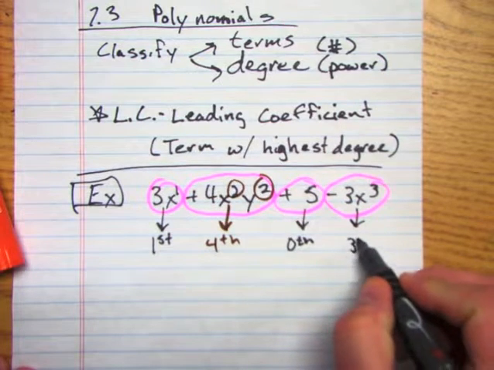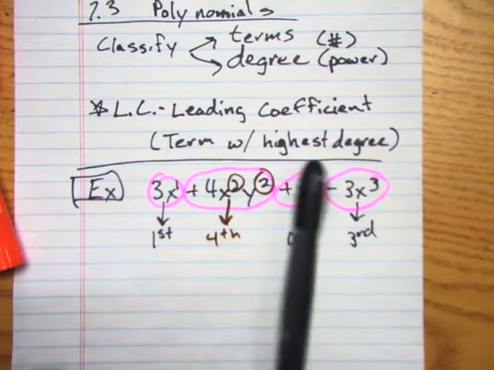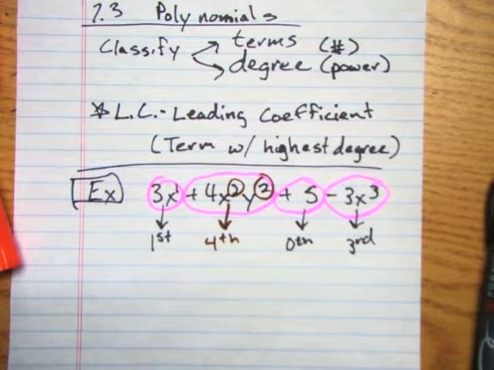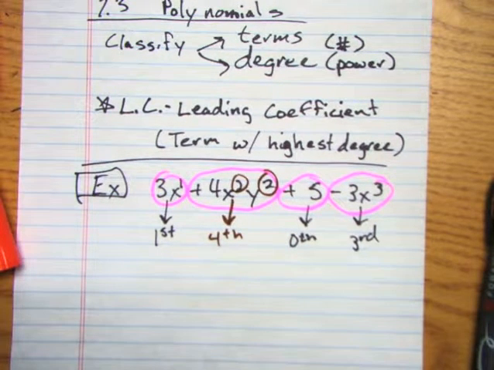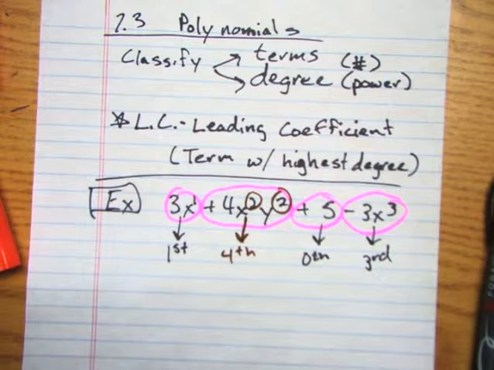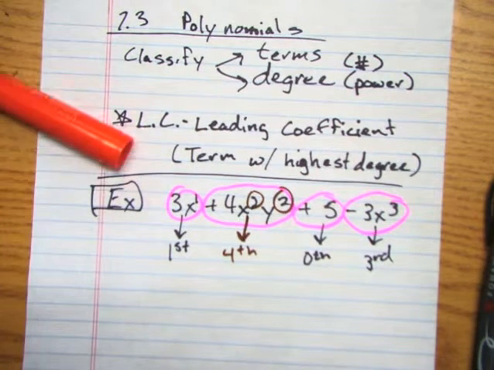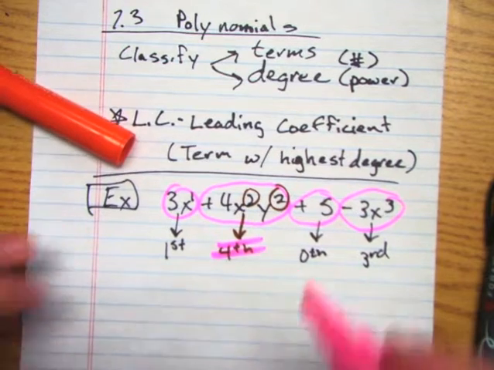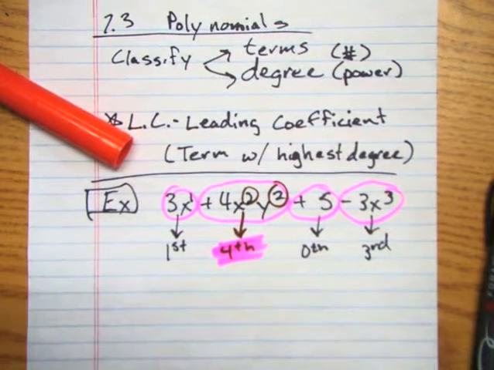Now, one common mistake that I saw in the homework, when we asked the degree of the polynomial, is that you added all these numbers up. And you said, oh, it's 1 plus 4 plus 3, which is 8. This is an 8th degree polynomial. No, that's wrong. You have to go by the highest power. The reason we go by the highest power is because of the behavior of the graph.